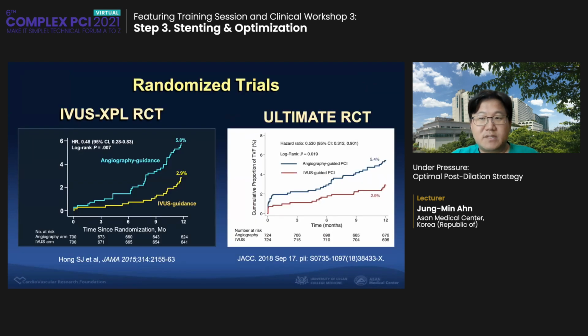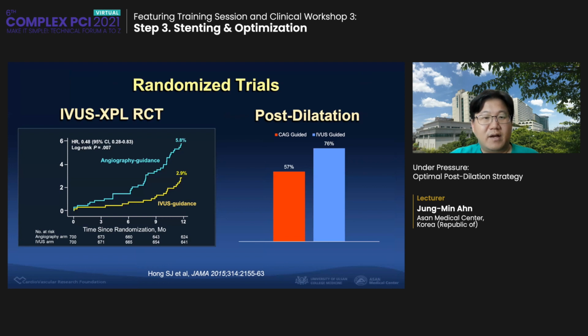The IVUS-XPL study and the ULTIMATE study nicely demonstrated the benefit of IVUS guidance. More importantly, I think the IVUS-XPL study contained very interesting information about post-dilatation. In this randomized trial, in the IVUS-guided group, post-dilatation was performed in 76%, and in the CAG-guided group only 57%.